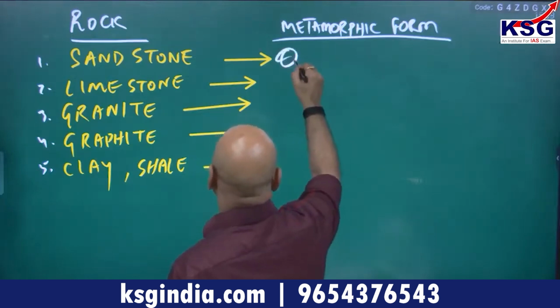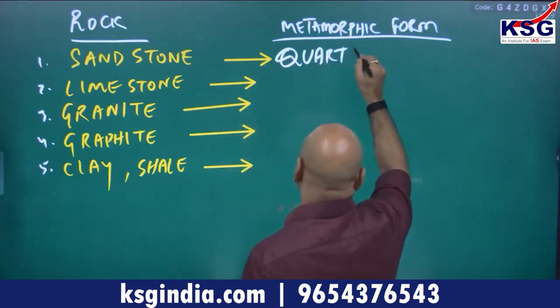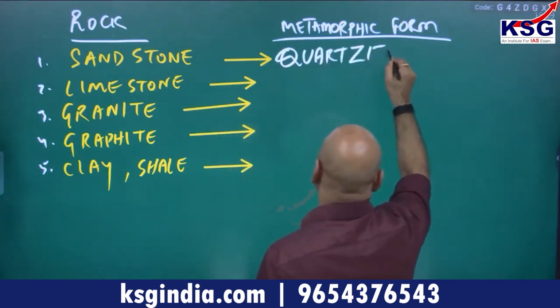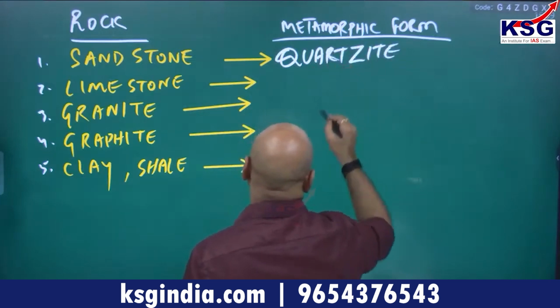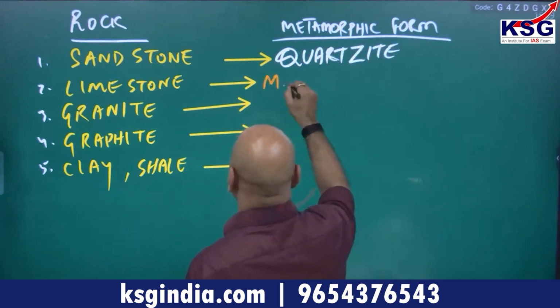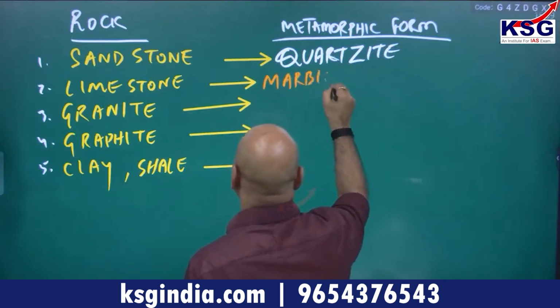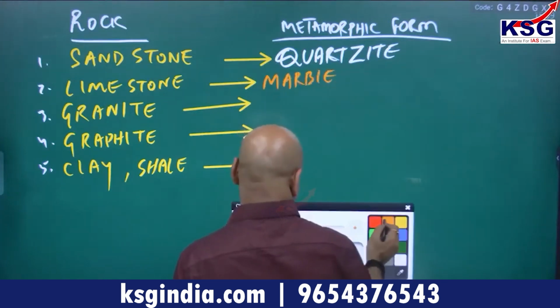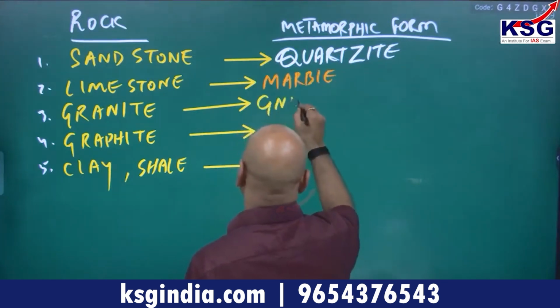Sandstone will form quartzite. Limestone forms marble. Granite will form gneiss.